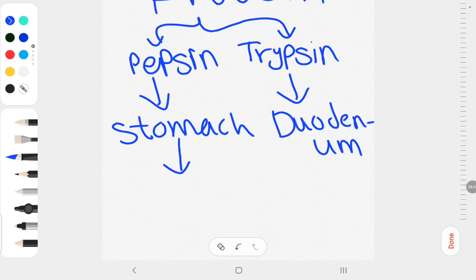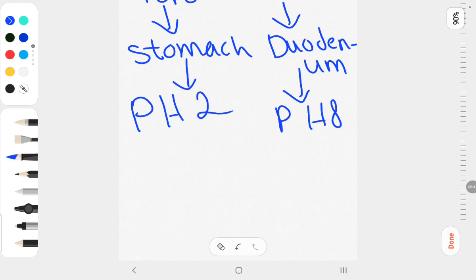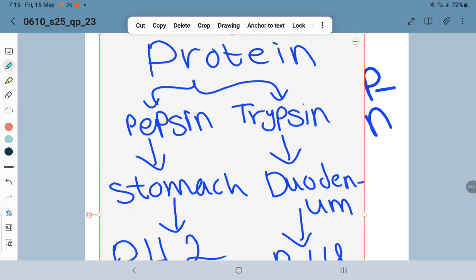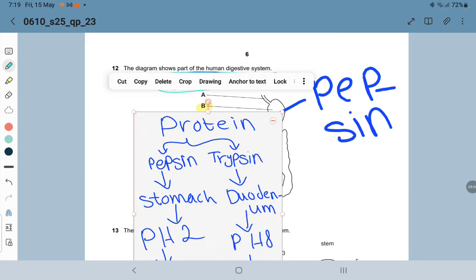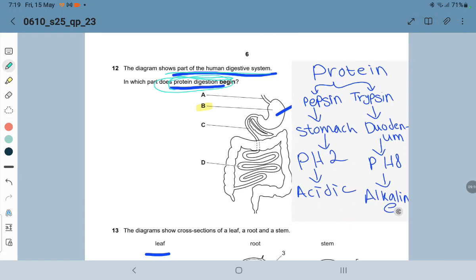The stomach is pH 2 and the duodenum is pH 8, which shows that pH 2 is acidic and pH 8 is alkaline. This is just a reference for you to understand. So protein digestion, of course, will start in the stomach, and that will be broken down by pepsin, so pepsin will be involved in such a case.